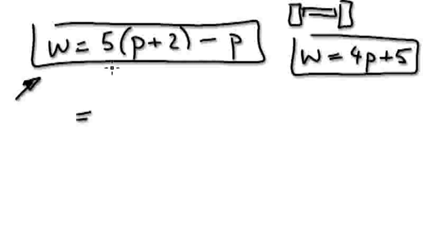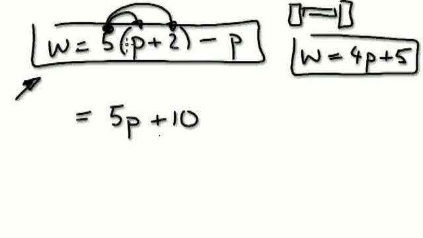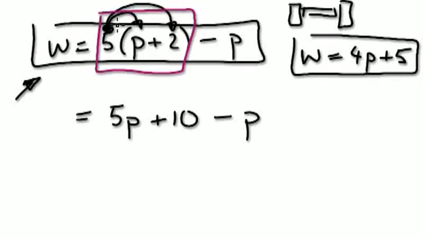Look at this. These two are actually the same, because if you look at this here, this times this is 5P, and then this times this here would be plus 10. And then this is something separate. Remember, this is one part here, and then we take away P. Now look at this here.